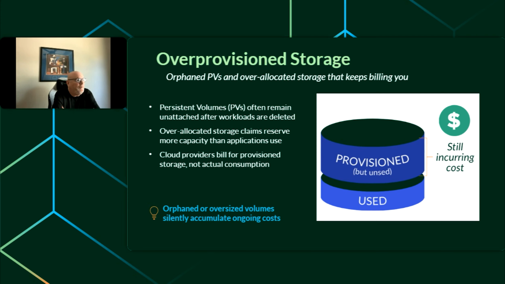Cloud providers are going to bill you based on provisioned storage, whether it's used or not. So you can have this unused storage sitting out there, incurring costs, a silent cost adder to your cloud bill. And again, visibility is challenging for these things. So we want to start looking for things like low efficiency workloads, where we've got storage that's way over provisioned.